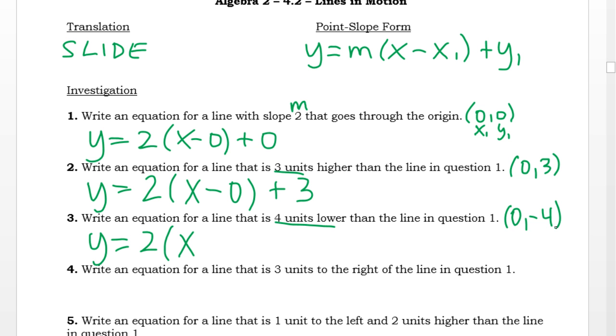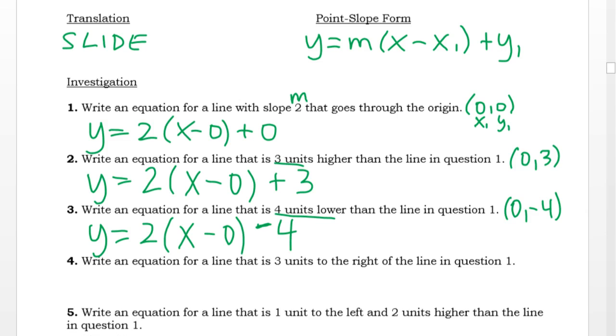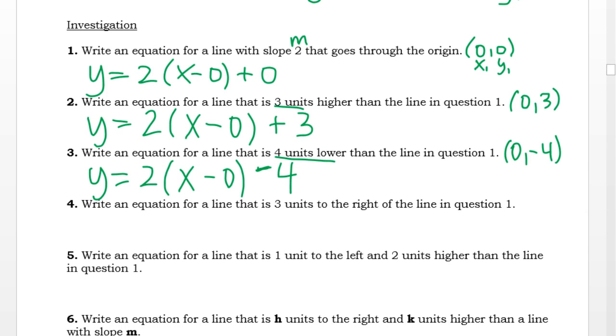So that's my x1, y1. And I can do plus negative 4, but I'm going to stick with minus 4, a little simpler.